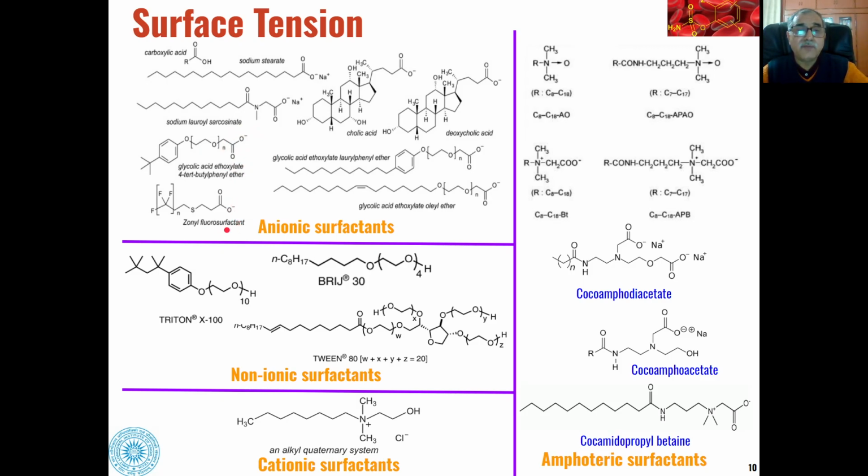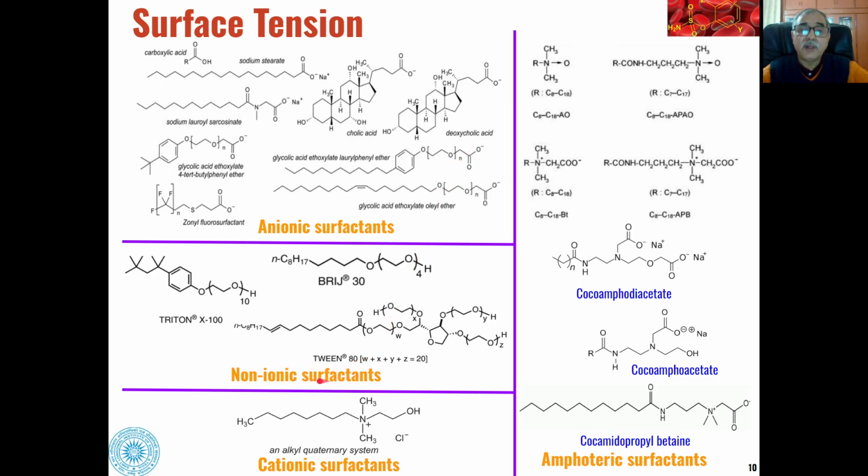Then Zonyl fluorosurfactant, again a carboxylate. And then glycolic acid ethoxylate lauryl ether, a polyether containing a carboxylate functional group. All these types of surfactants are categorized under anionic surfactants, and you will see that they have negative charge, that is, anionic in nature.